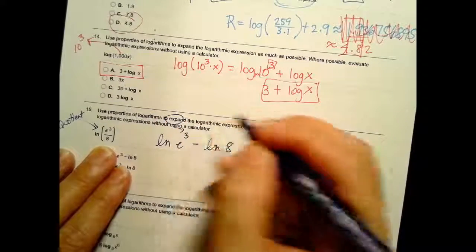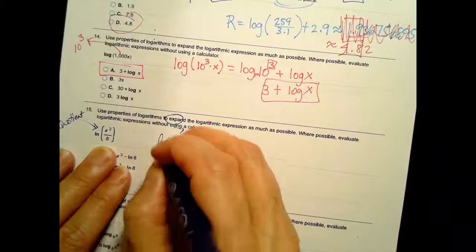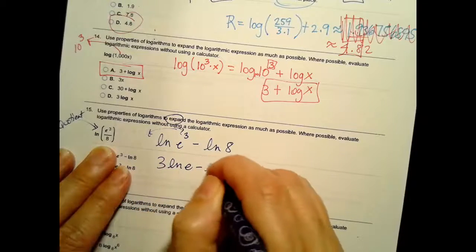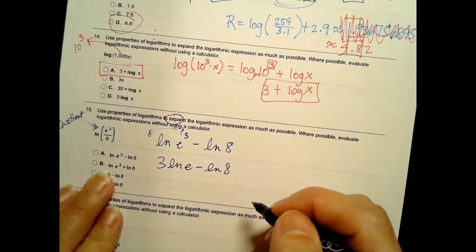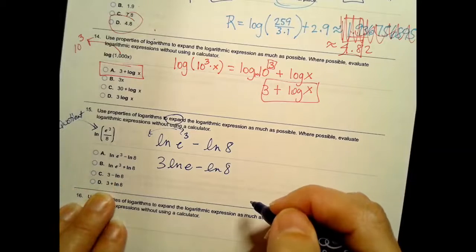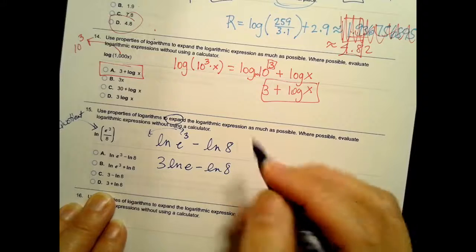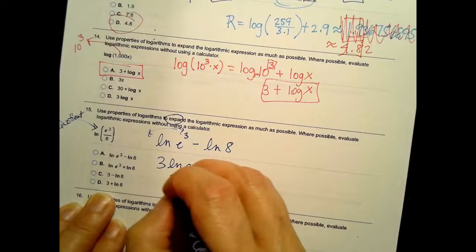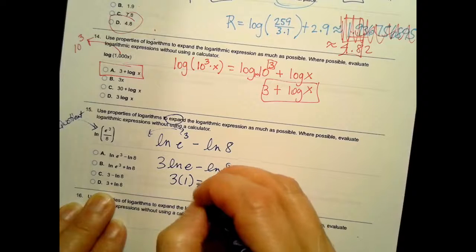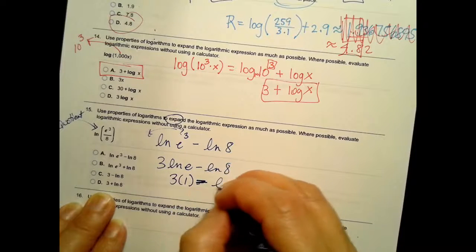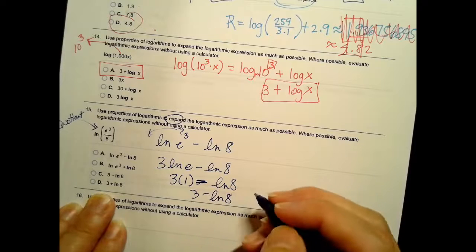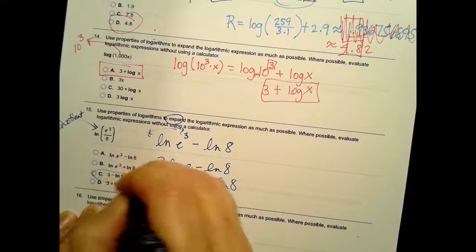We know if we have a power, we pull it up front, right? So 3 natural log e minus natural log 8. And we know that the natural log of e is 1. So this means 3 times 1 minus natural log 8. So 3 minus natural log 8. And so that would be C.